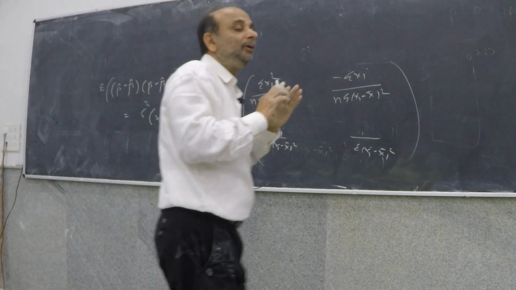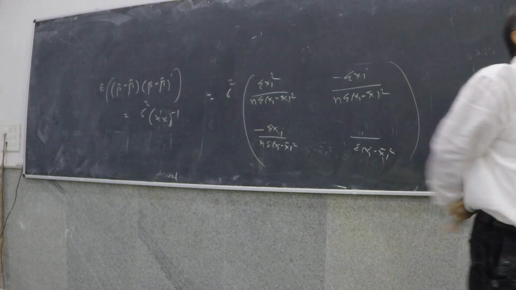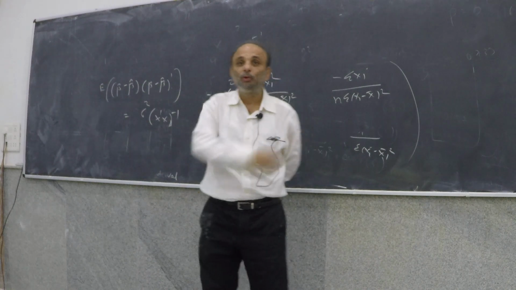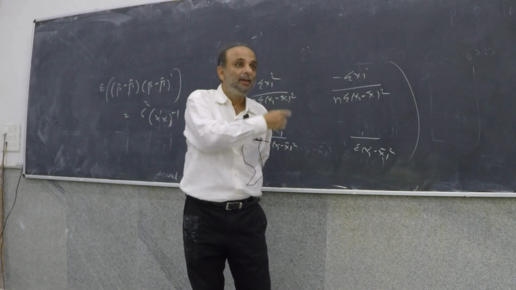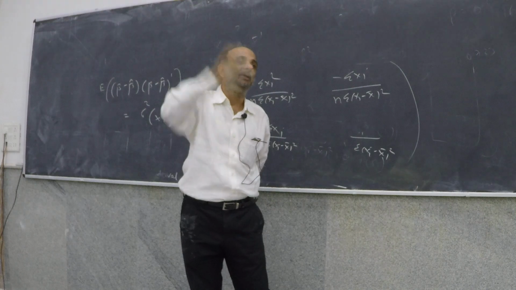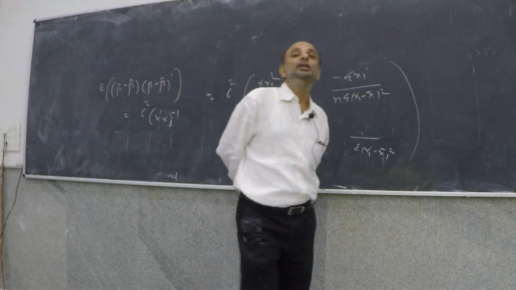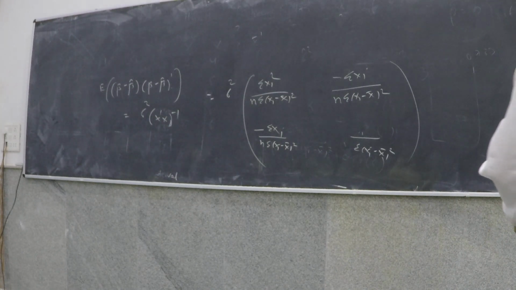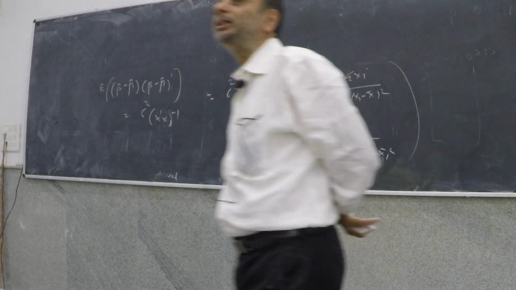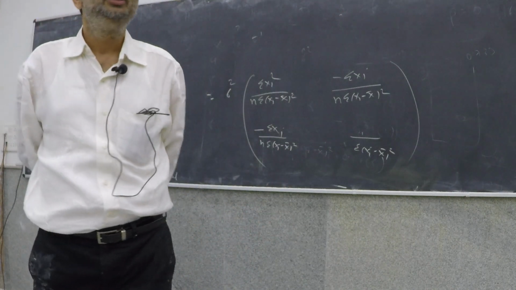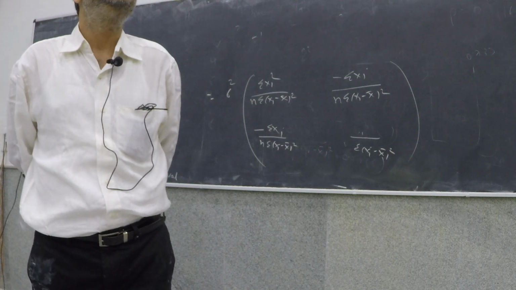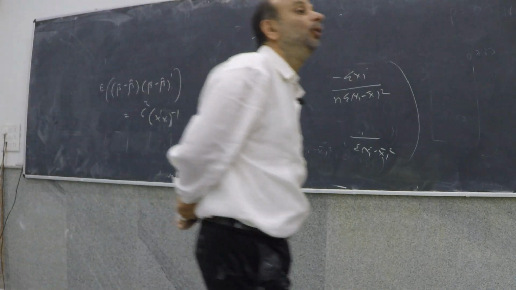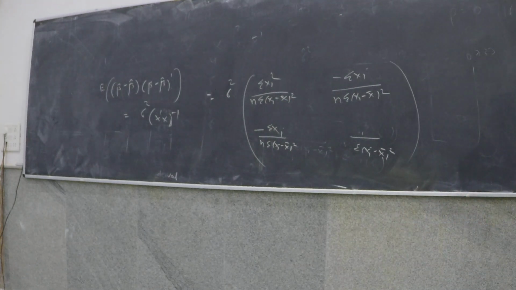But the variance covariance matrix of beta hat will no longer be sigma square x dash x inverse. You know why it's called the variance covariance matrix of beta hat: the diagonal elements are the variances, and the off-diagonal elements are the covariances. So if you take elements from sigma square x dash x inverse to calculate t values, you will not get the correct estimates of the variance of beta hat, variance of alpha hat, etc. And therefore your t values will go wrong, and your test of hypothesis will go wrong.